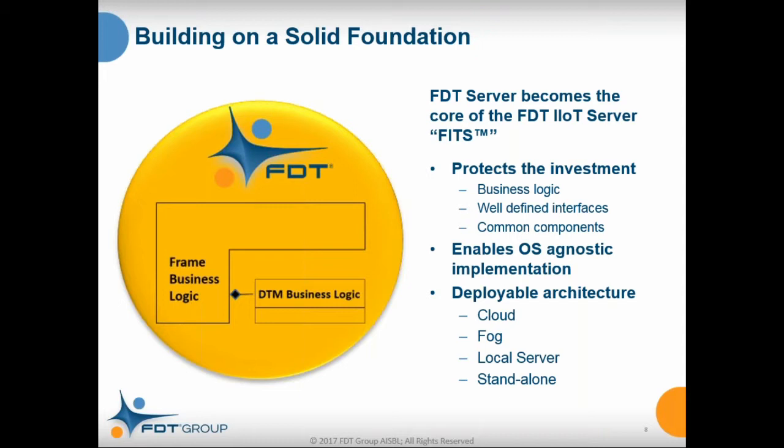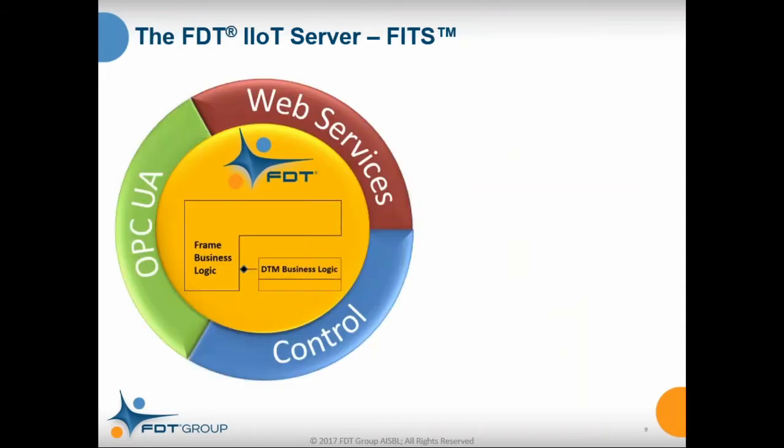Other people aren't so cloud focused. They would rather have it on the edge of their facility somewhere, but serving their enterprise. So it has to be able to serve fog-type applications. Others said, no, a local server in my facility is what I envision. And others said, you know, I could still just do it as a desktop. So the idea behind FITS is it can be deployed in any of those types of architectures.